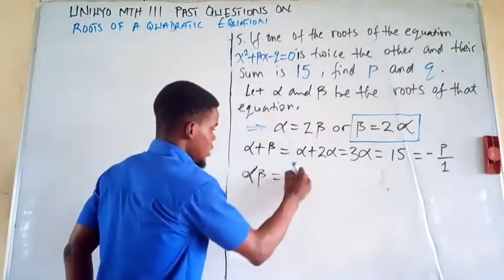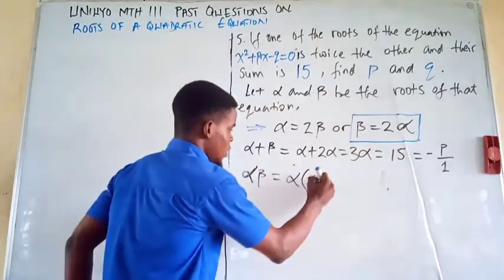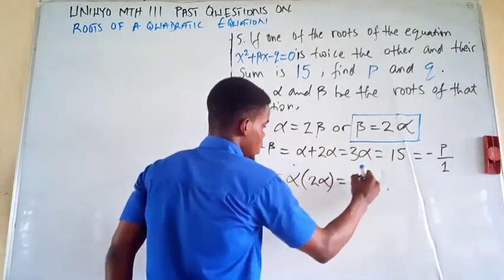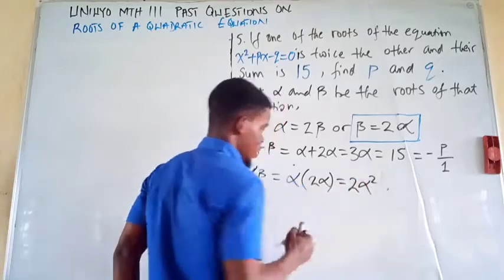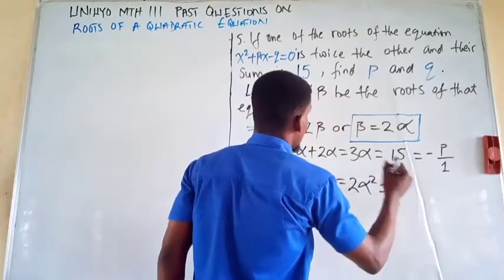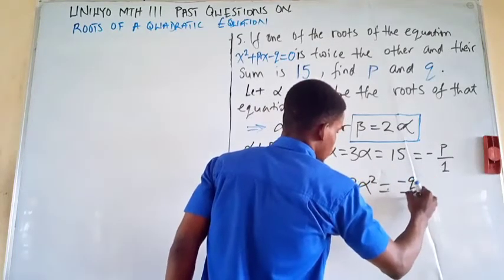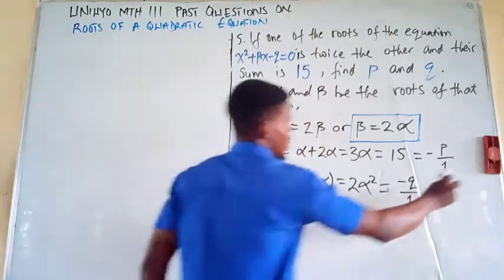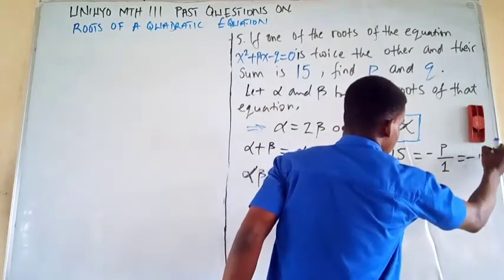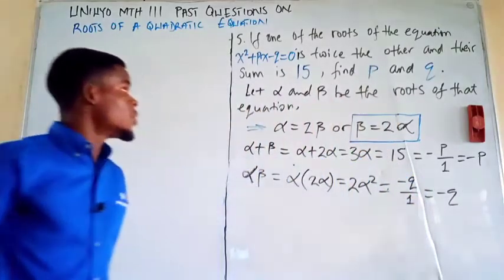But it is the same thing as, beta here is 2 alpha, so alpha times 2 alpha, which is 2 alpha squared when you multiply this. So from the fact, we know it to be c, which is negative q, over a, which is just 1. In fact, let me make it longer. This is negative p, and this is just negative q, like that.